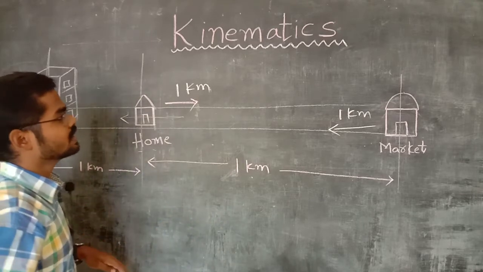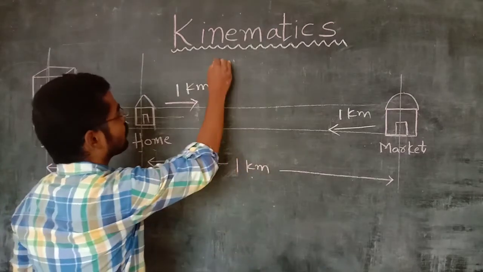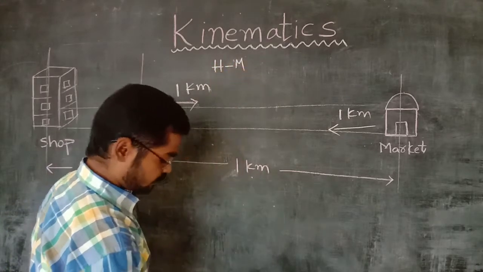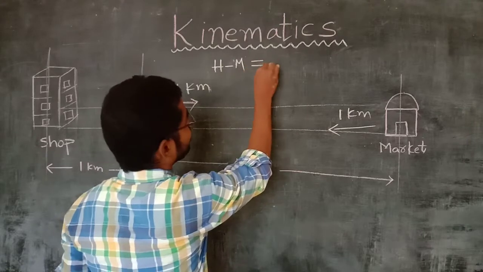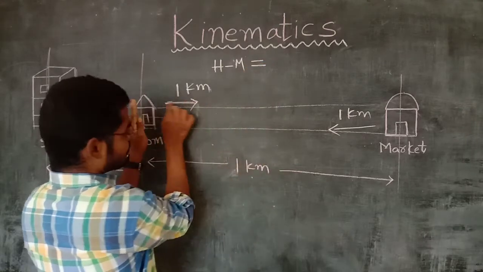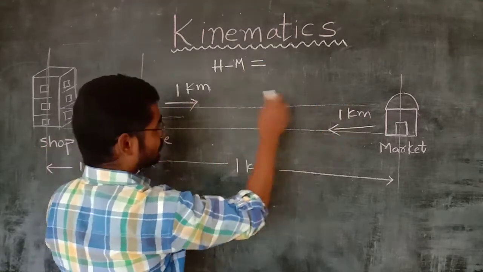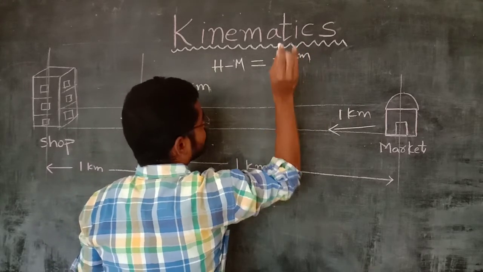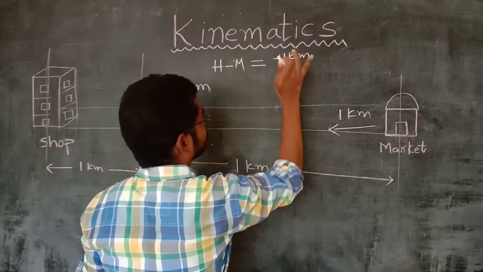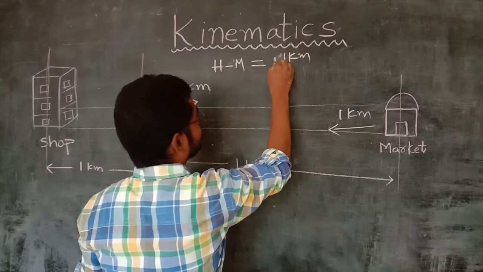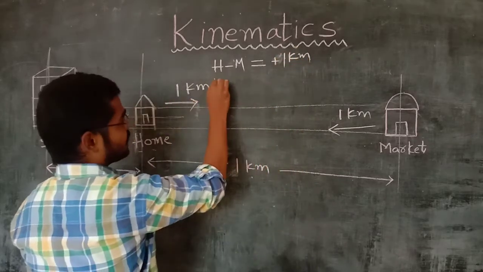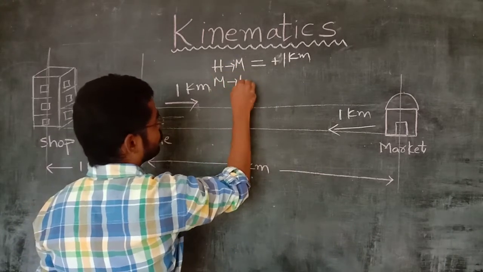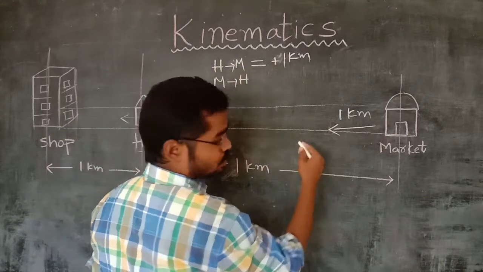So we will solve it step by step. From home to market, he will cover a distance towards the right side. See this arrow, this is towards my right hand. So I will take it as plus 1 kilometer. Next, from market to home. Okay, he is reaching from market to home. See this arrow, this is towards left.